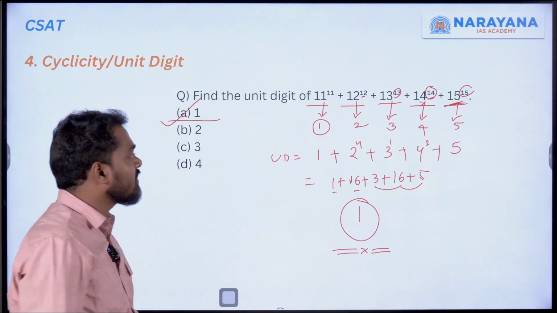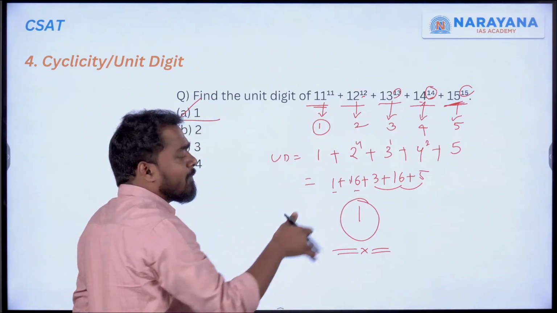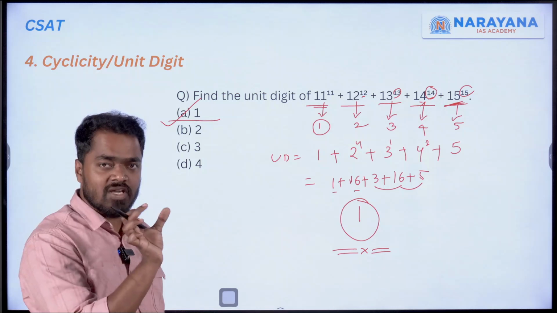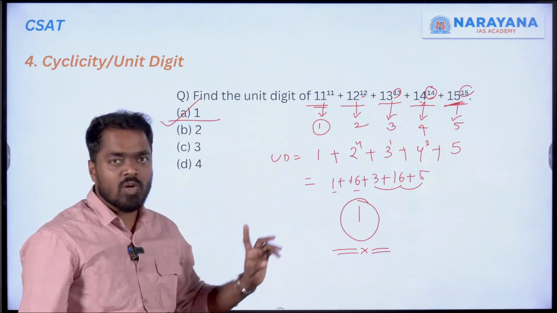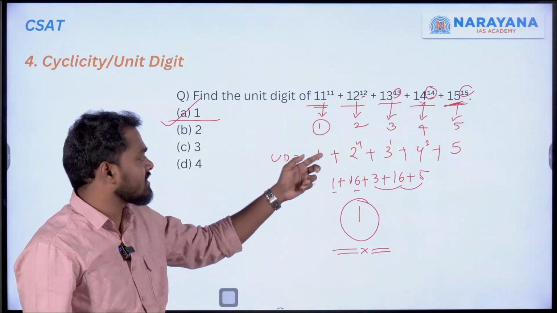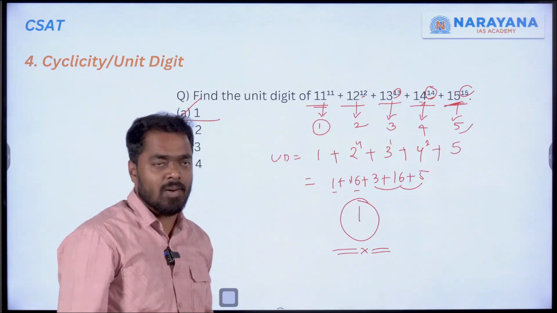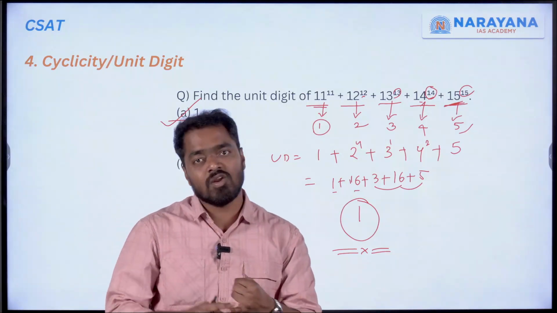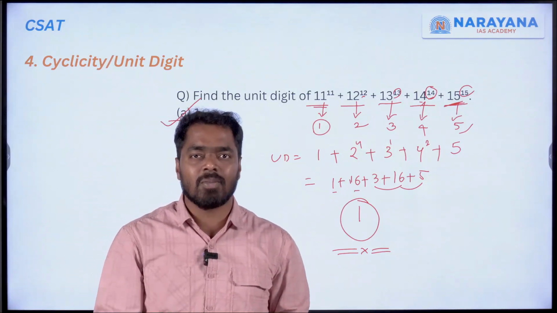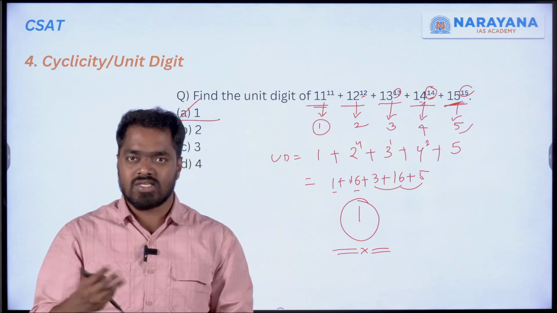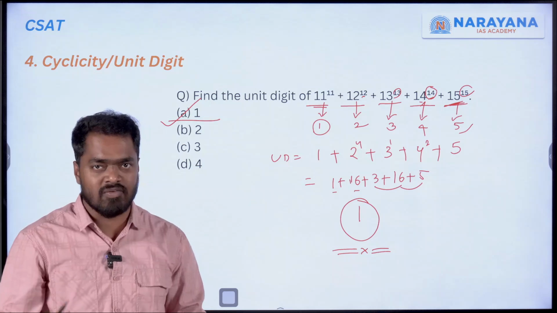So what have we done here? For everything we have noted down the base unit digit of the given base. So 1, 2, 3, 4, 5. If it is 1, you have to apply the first rule, that is nothing but same unit digit you will get. Even for the 5 also the same rule you should apply. For 2, 3, 4, 7, 8, 9 you have to apply the second rule, that is take the power, divide it with 4, get the remainder. If the remainder is 1, z to the power 1 is the unit digit, 2 z square, 3 z cube, 0 z to the power 4.